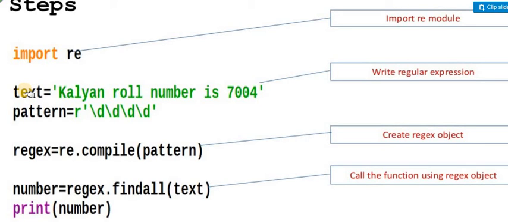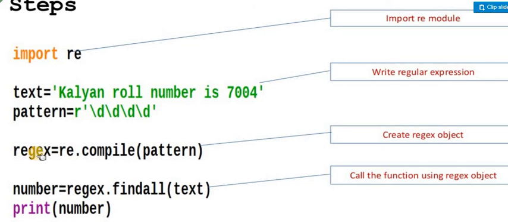Now how can we check it? Here I am using the method re.compile. re.compile is the method that will compile that particular pattern, and that is given into the variable regex, which is the regular expression. Here it is just a variable name.